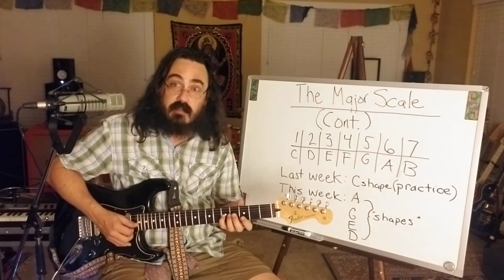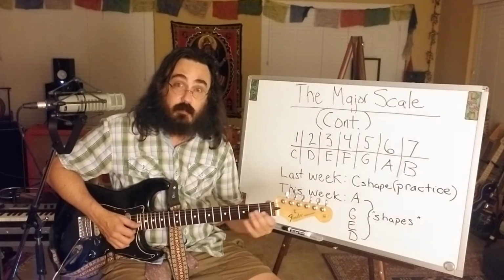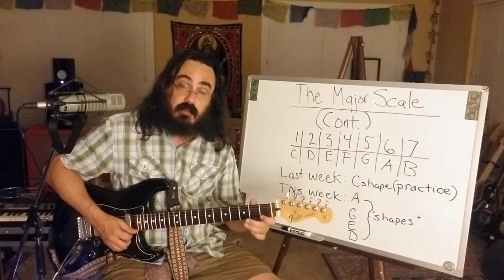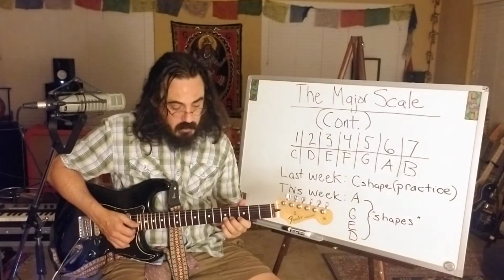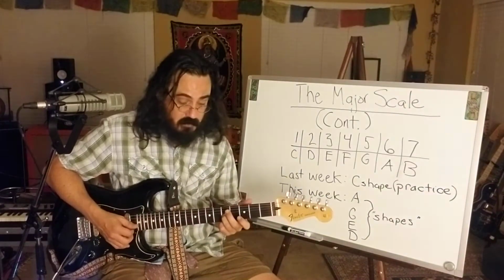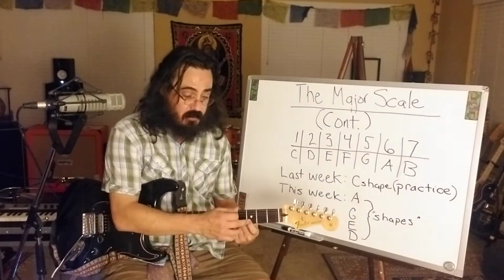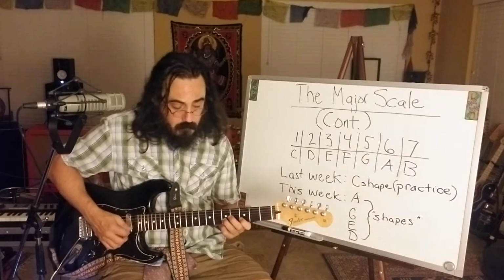Then we can start on the C and continue, just like we continued past the root last week to include these notes. Here we can do the same. Start on C, okay, and in this shape I find D here, B string, 3rd fret.